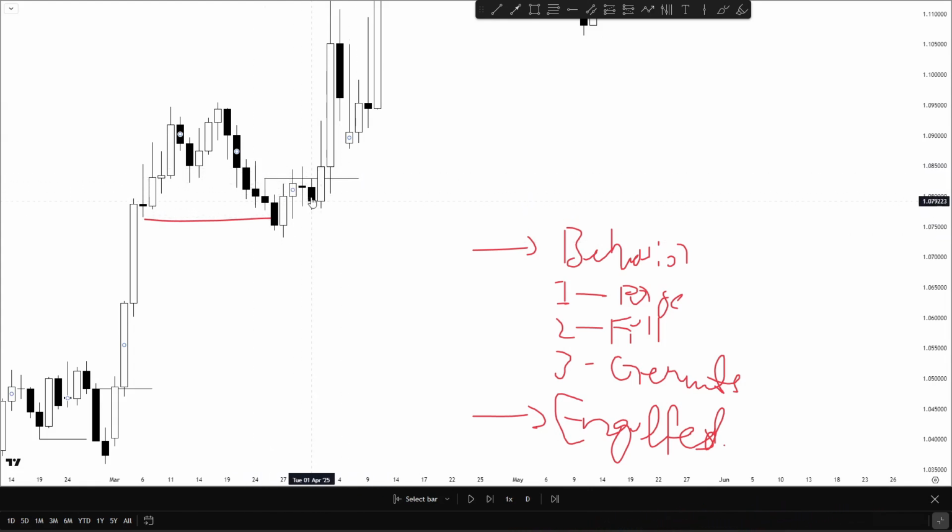Okay, and this is how you choose and differentiate between selecting a single candle as an order block and selecting multiple candles as a single order block. It all comes down to how price engulfs the candle or the group of consecutive candles that showed one of the three behaviors.